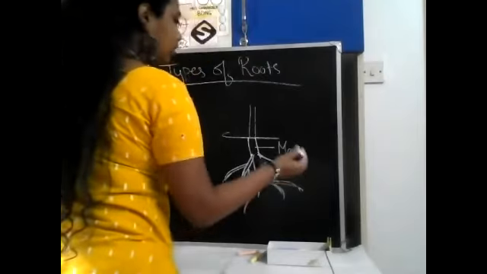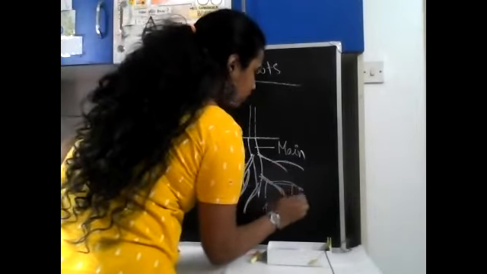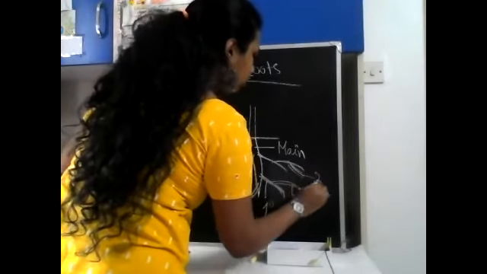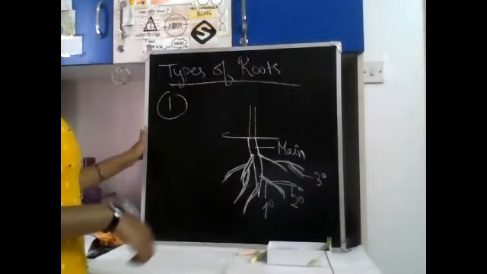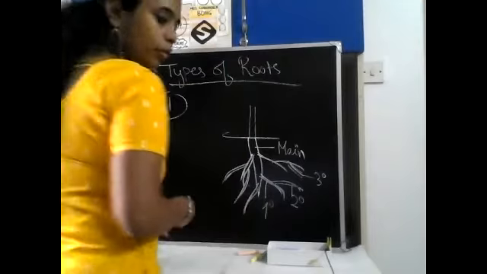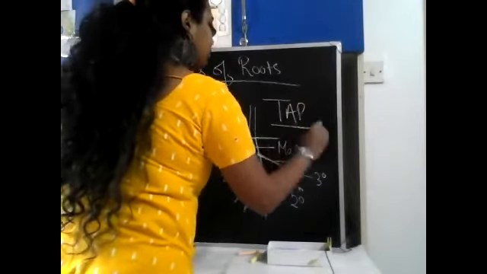So these will be known as primary, secondary, tertiary, and so on, depending on the number of branching that occurs. This kind of a root system is called taproot system.